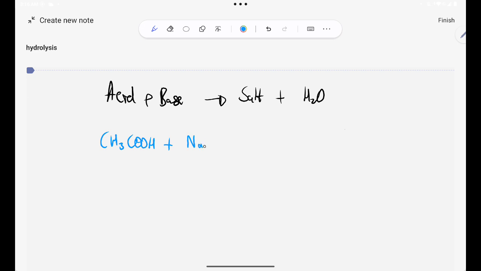Let me take sodium hydroxide. I know that this will give me CH3COONa plus water. This is the liquid, aqueous solution.